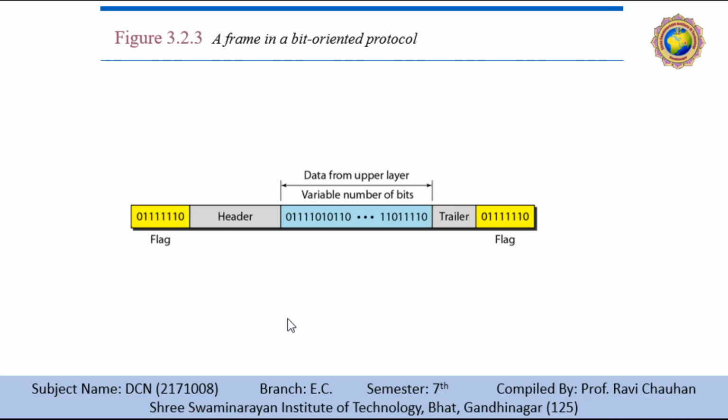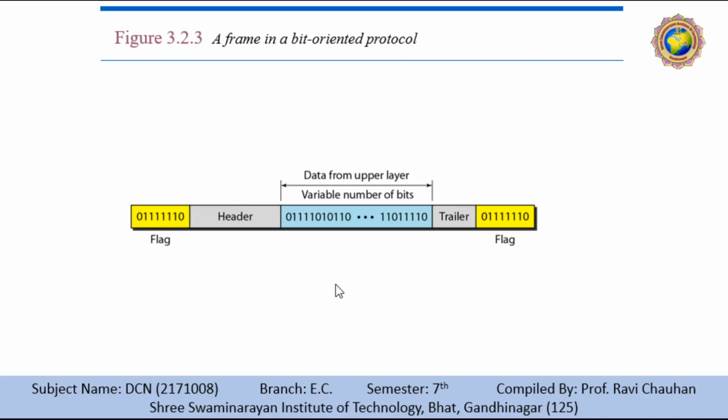Most protocols use a special 8-bit pattern flag, 0 1 1 1 1 1 1 0, as the delimiter to define the beginning and the end of the frame, which is shown in the figure: 0 1 1 1 1 1 1 0, the same flag.